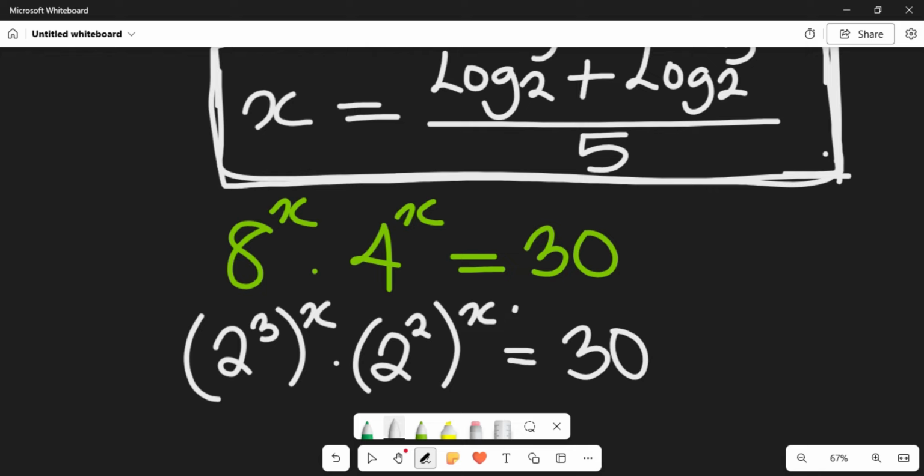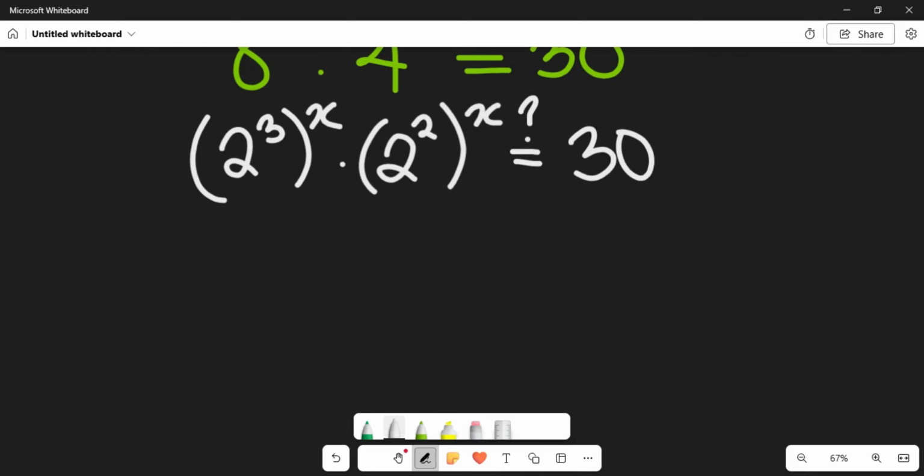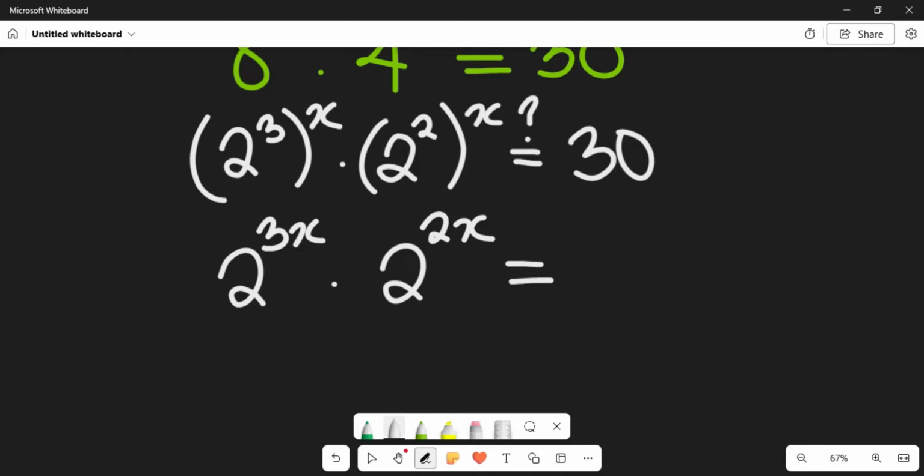Now, if we sum up these two with the values of x equal to this, can we get 30? Let's try out the solution. From this expression, we'll have 3 multiplied by x giving us 3x, multiplying 2 to the power of 2 multiply x, which will give us 2x, and this will be equal to 30.